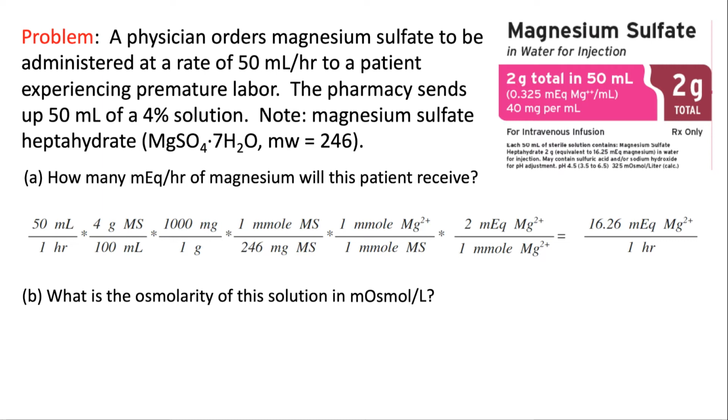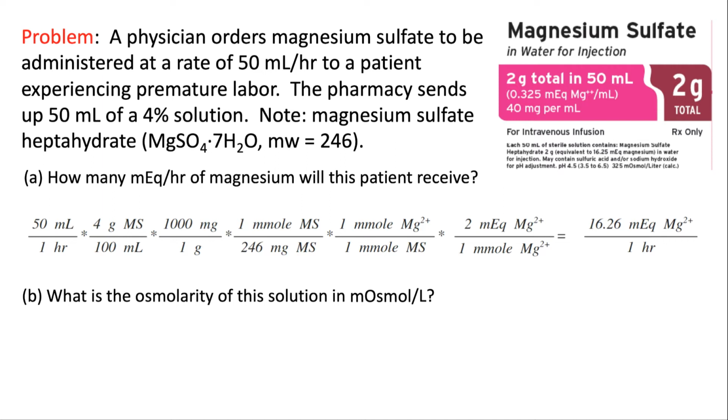Now we can finally convert to milliequivalents by multiplying it by the fact that since the valence of the magnesium ion is 2, it has a positive 2, then that valence number 2 will go with the milliequivalents, and so we have 2 milliequivalents of magnesium per every 1 millimole of magnesium. Millimoles of magnesium cancel, and we now have our final units being milliequivalents of magnesium.